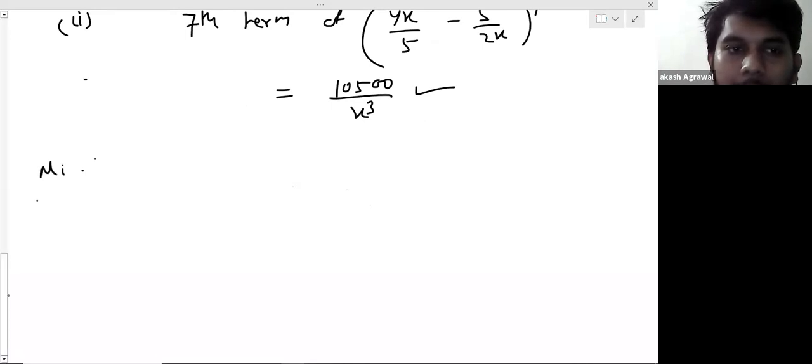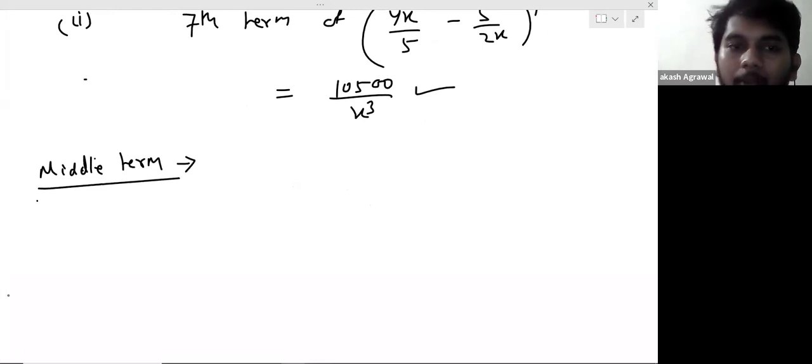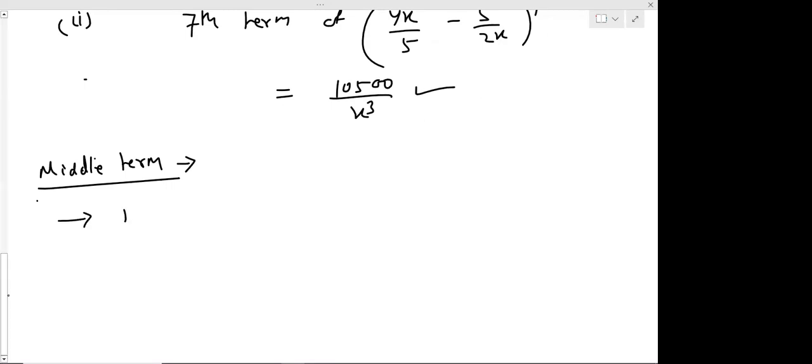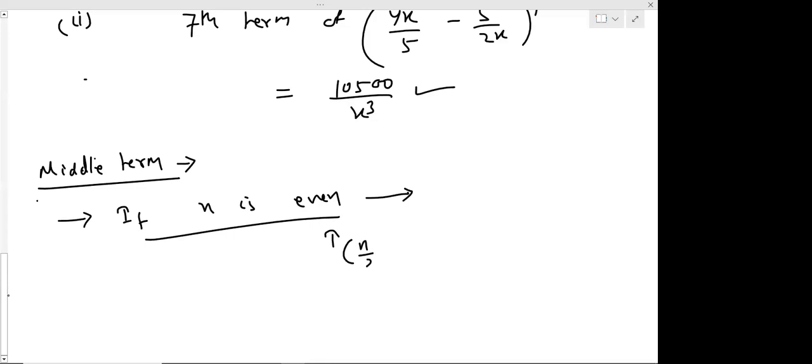Write down the middle term cases. If n is even, then the term will be n by 2 plus 1. This means nCn/2, x to the power n by 2, y to the power n by 2.